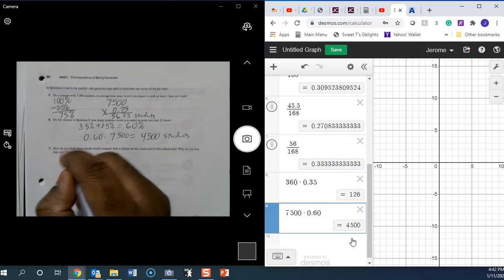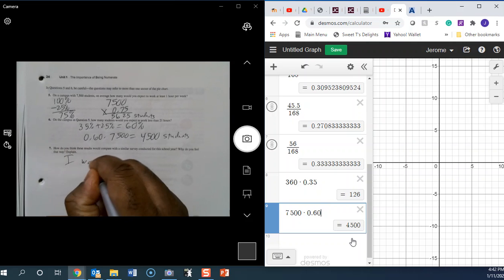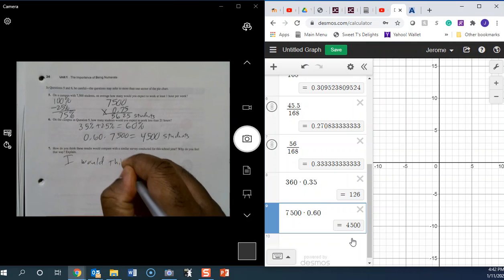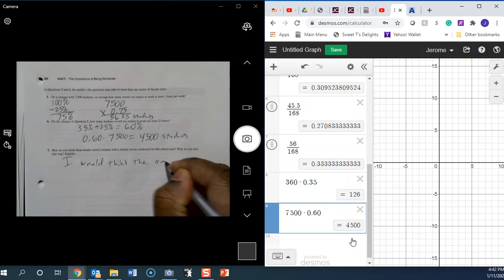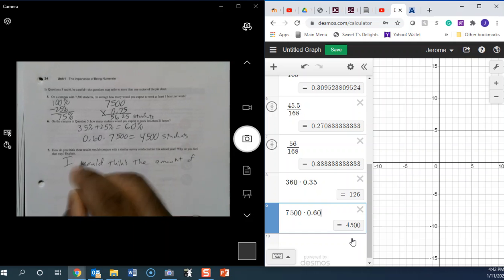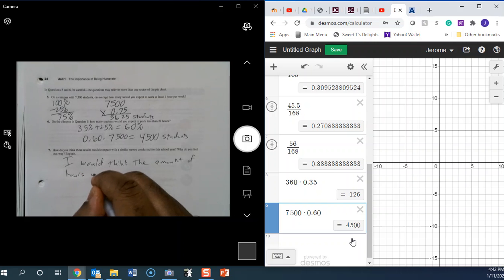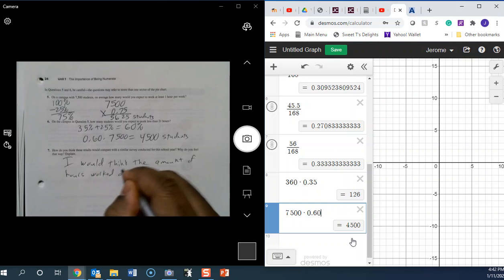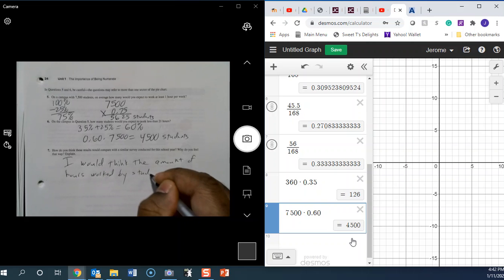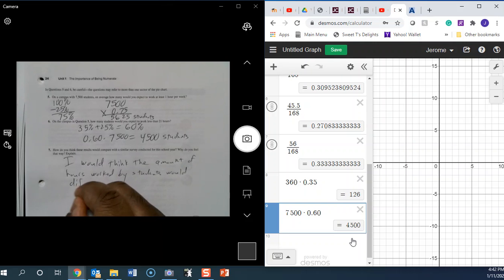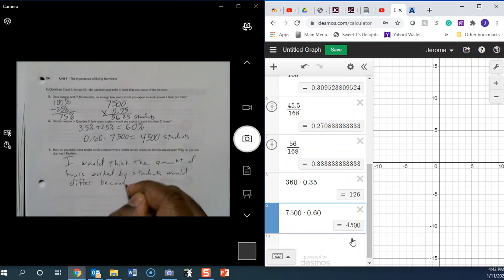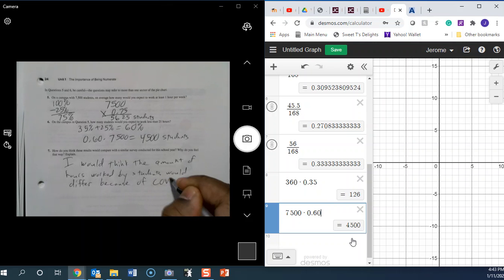So I would think the amount of hours worked by students would differ because of COVID-19.